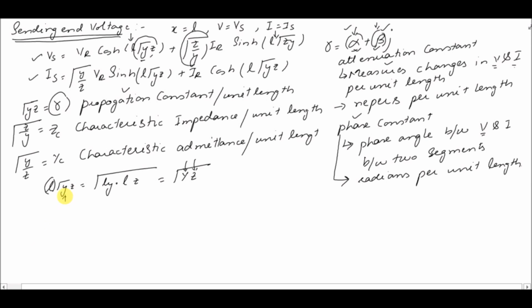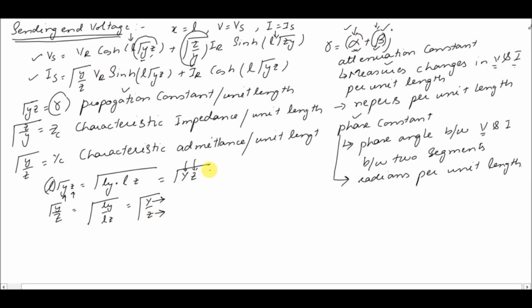This admittance and this impedance is for a single segment that we considered at the start of the derivation. Similarly, under root y over z can be written as under root Ly over Lz, that is under root capital Y over capital Z, admittance of the whole line over impedance of the whole line.